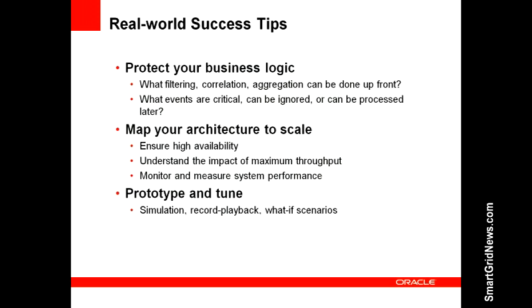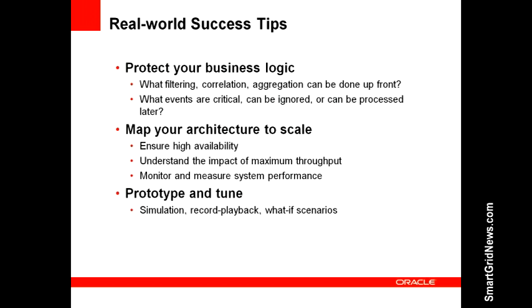So Jesse asked me to close up with some real-world success tips. I think a lot of these are sort of mom and apple pie, but protecting your business logic, I map back to Jesse's comment about the observability strategy. It's really important as you're thinking about protecting and maintaining the business logic that you've been using for years. Most of that logic still applies, even though there's 1,000 times as much data coming at it.